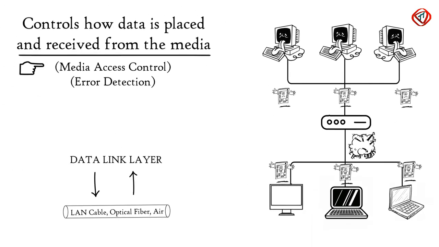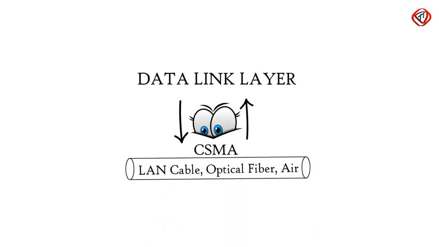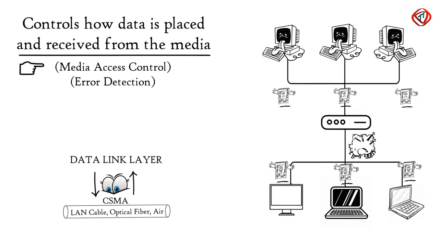To avoid these situations, data link layer keeps an eye on when the shared media is free, so that device can transmit data for the receiver. This is called carrier sense multiple access. So, data link layer with its media access control methods controls data transmission.